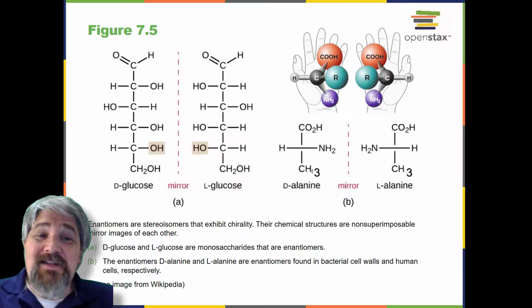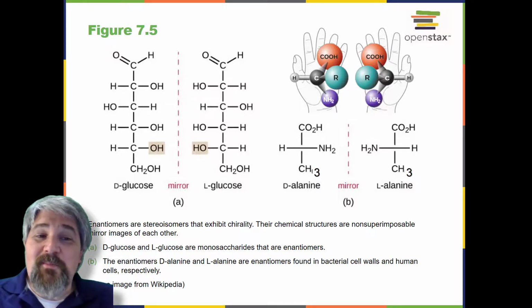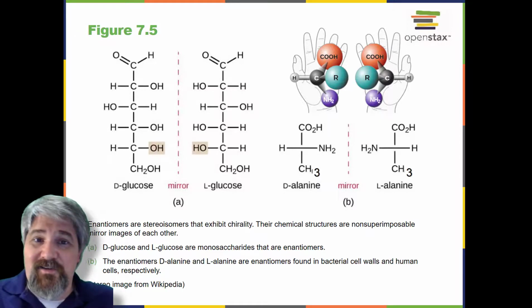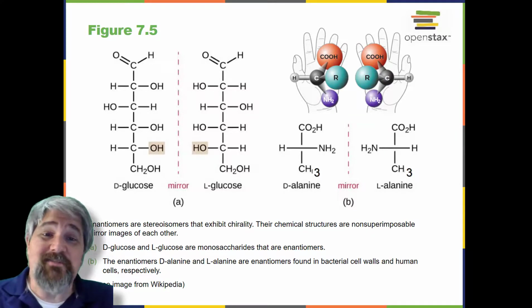The D and L labels are derived from the Latin words dexter, on the right, and laevus, on the left, respectively. These two different optical isomers often have very different biological properties and activities. Certain species of molds, yeast, and bacteria, such as Rhizopus, Yarrowia, and Lactobacillus species, respectively, can only metabolize one type of optical isomer.